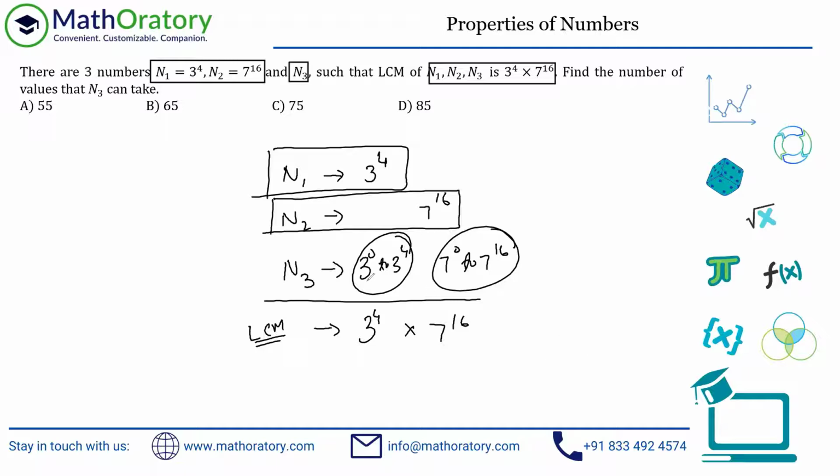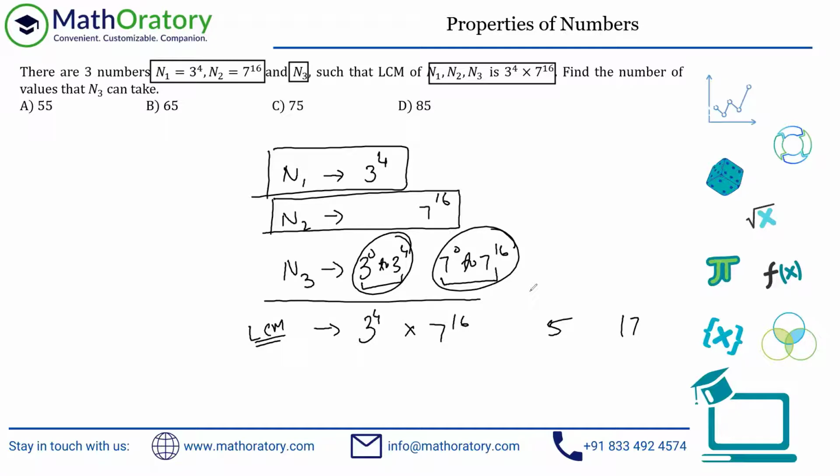Now, this is a very basic idea of counting. There are 5 possibilities out here, 3 to the power 0 to 3 to the power 4. Do not miss out counting 0, by the way. So there are 5 possibilities for powers of 3. And correspondingly, you have 17 possibilities for powers of 7. By correspondingly, I mean, suppose you pick up 3 to the power 0, in that case you can take any of 17 powers of 7 from 0 to 16.